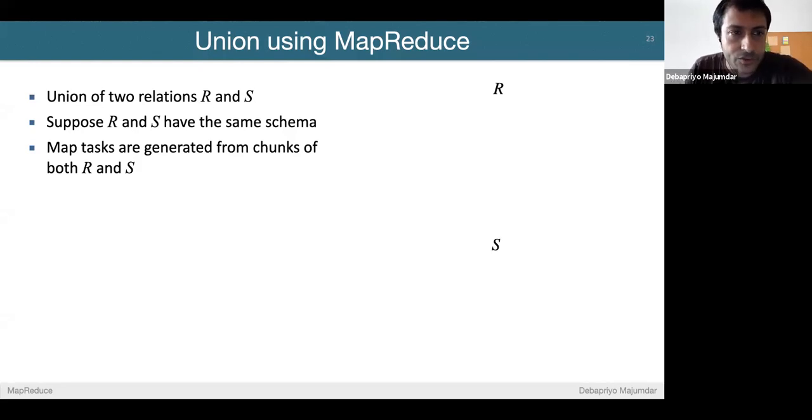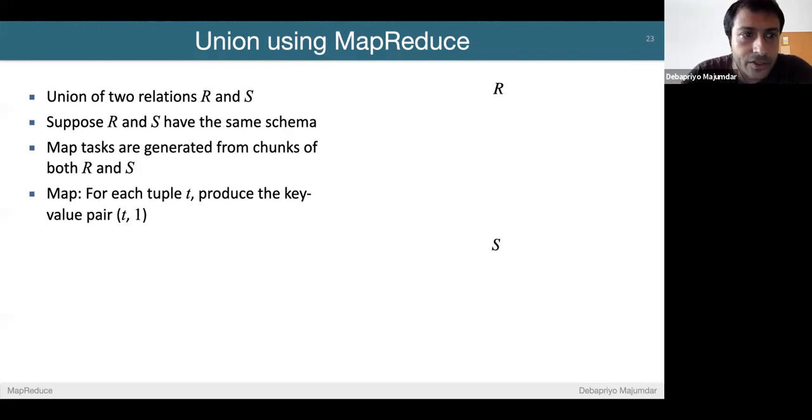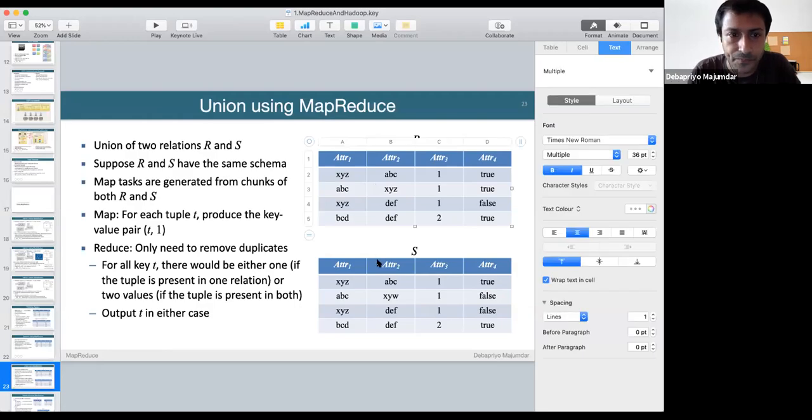The map tasks will be generated from chunks of both R and S. I'm sorry, there seems to be a bit of an animation problem, so let's just look at this version of the slide. I will correct the animation later.